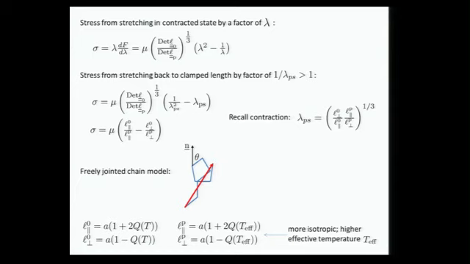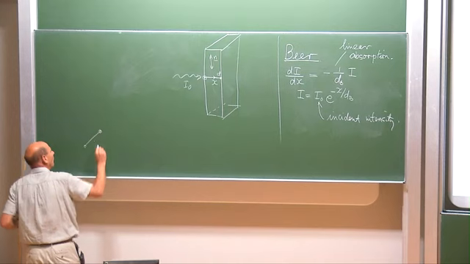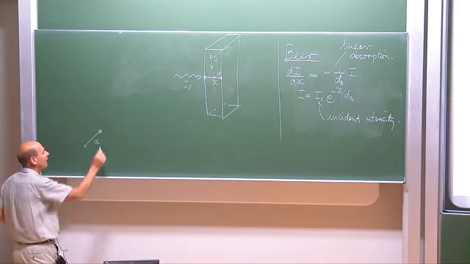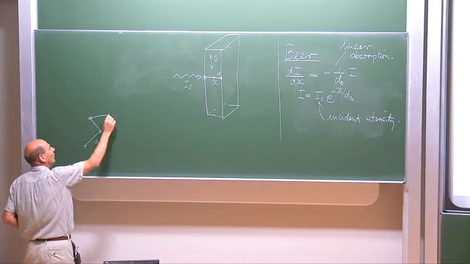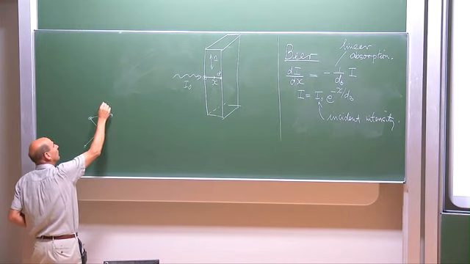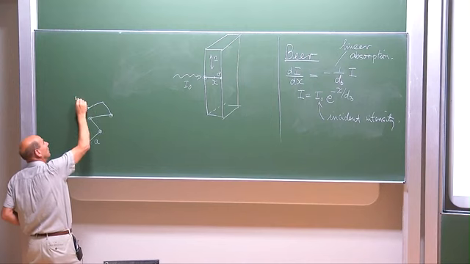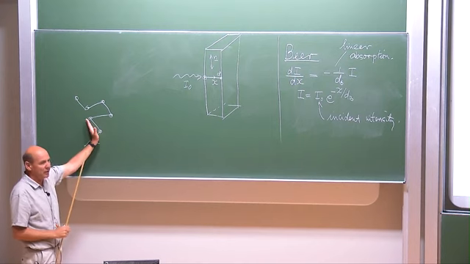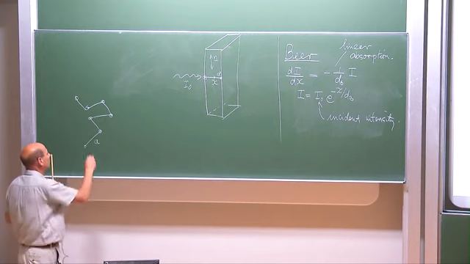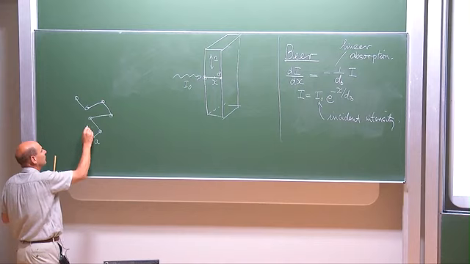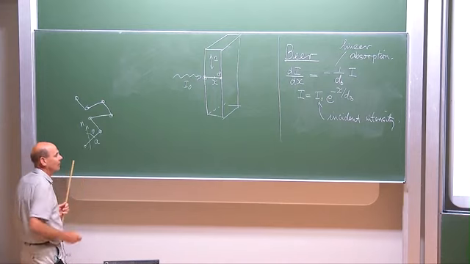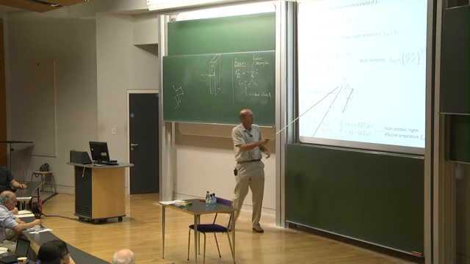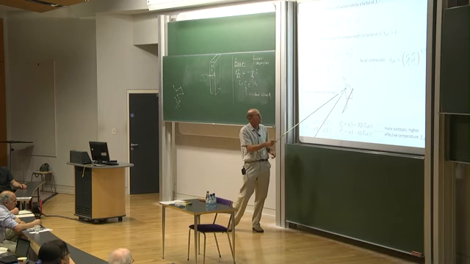So if I start at one end of the polymer, there's a chemical rod here which is of length A, shall we say, and then it just consists of a whole lot of bonds of equal length, and they're freely jointed. In other words, there's no correlation between this direction and this direction. These rods just correlate with the nematic field. So if this is N, there's some angle that they make with the nematic field. And that's the important thing. It's the nematic field which will give these rods a bias.